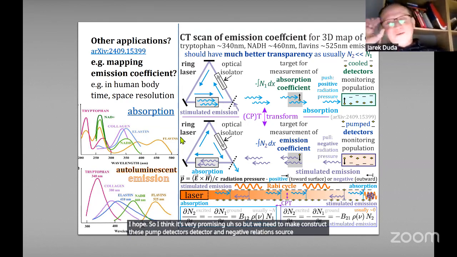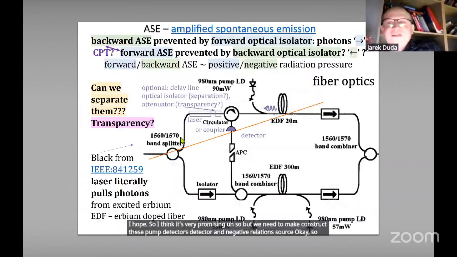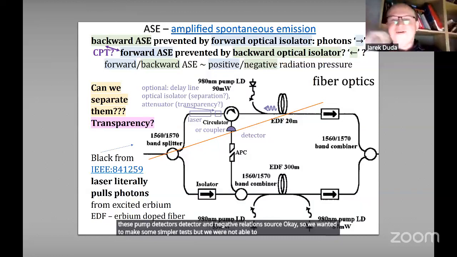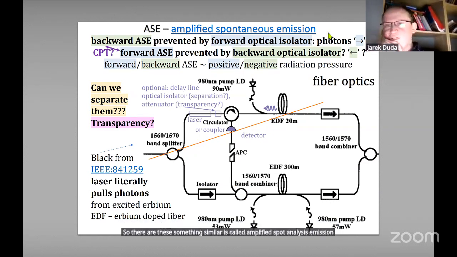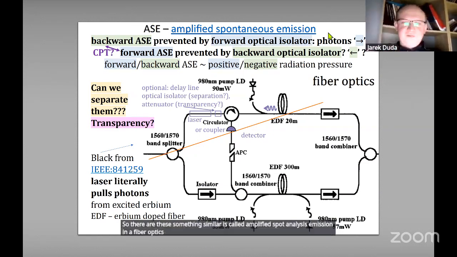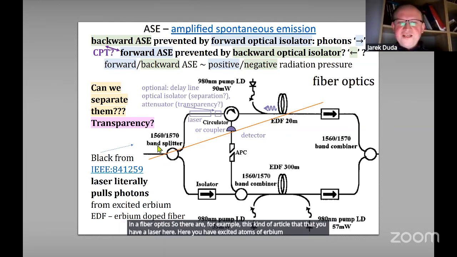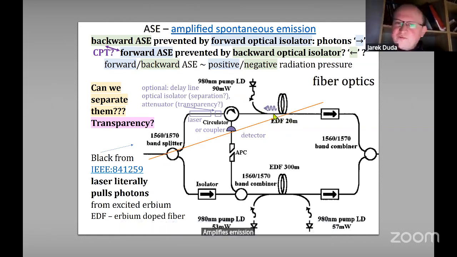Okay, so we wanted to make some simpler tests, but we were not able to get equipment or success. Something similar is called amplified spontaneous emission in fiber optics. For example, in this kind of article, you have a laser here, and here you have excited atoms of erbium, and this laser literally amplifies emission of photons toward the left.